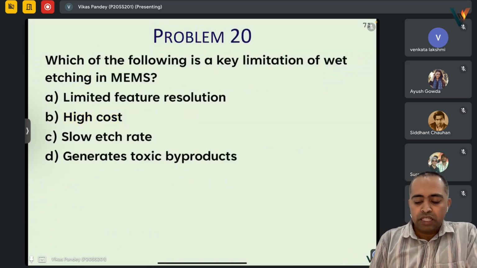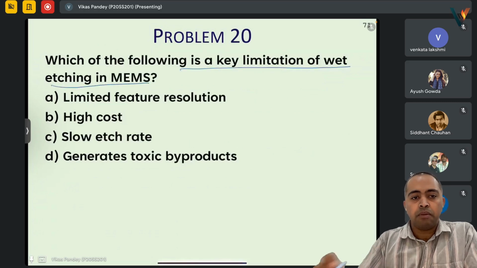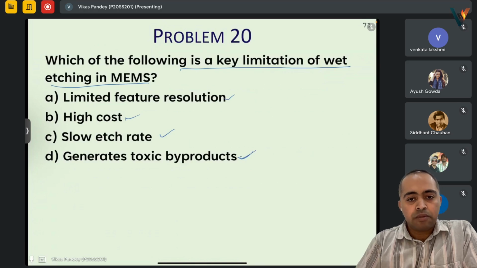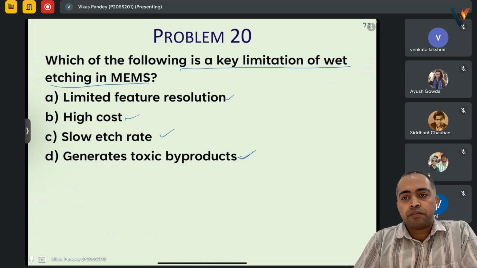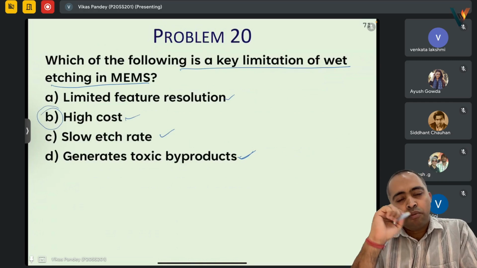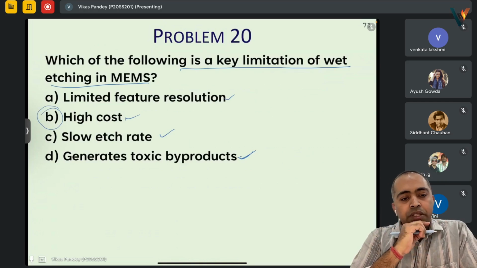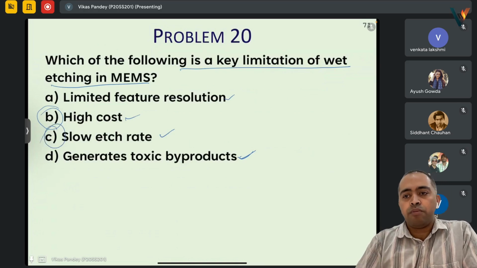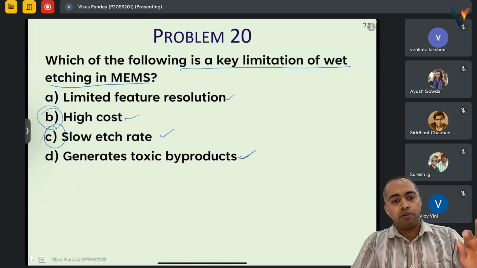Which of the following is a key limitation of wet etching in MEMS? Limited feature resolution, high cost, slow etch rate, or generates toxic byproducts. Yes, anyone? We have discussed that wet etching is more cost effective, so high cost cannot be it. It has a very good etch rate, although sometimes we cannot even control it, so we have to slow it down, dilute and all.